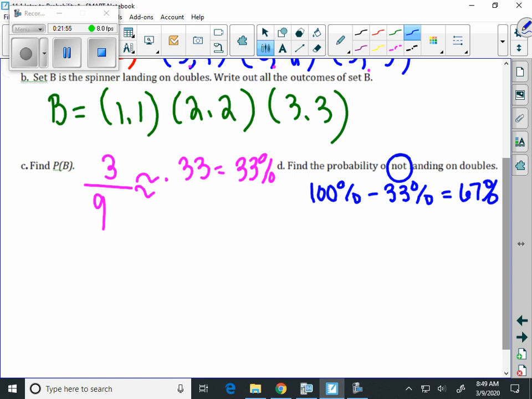I actually did do the 1/3 here, which is the same thing as 3 ninths. So if there's 1 out of 3 ways that we can land on doubles, then there must be 2 out of 3 ways that we cannot land on doubles.